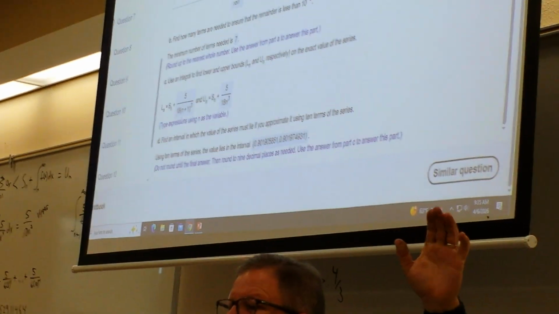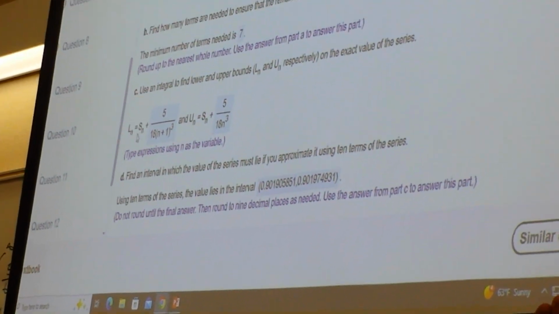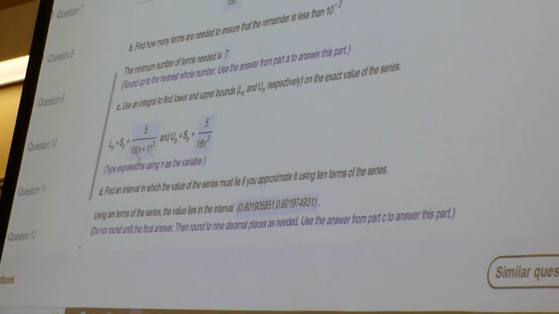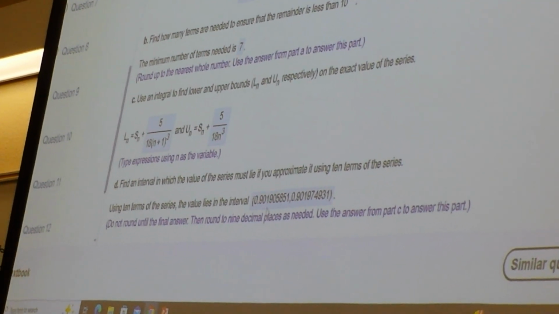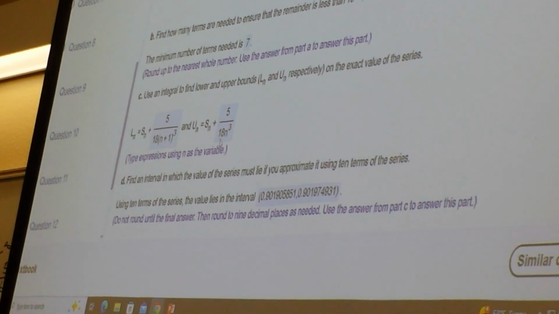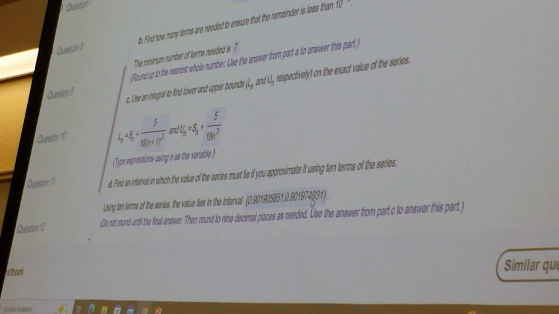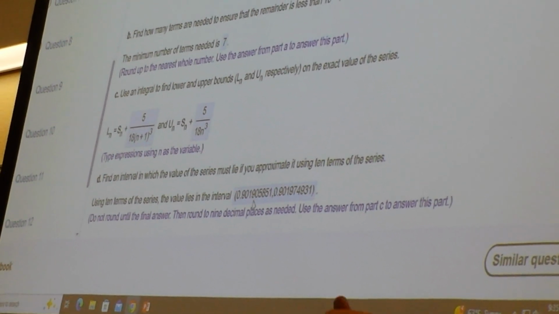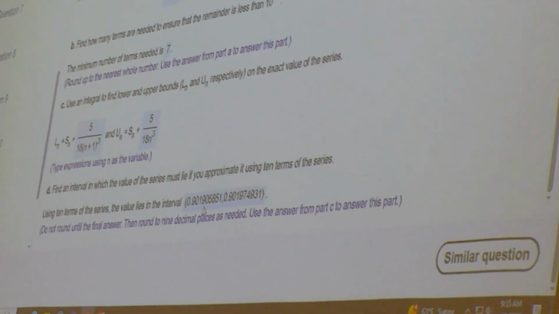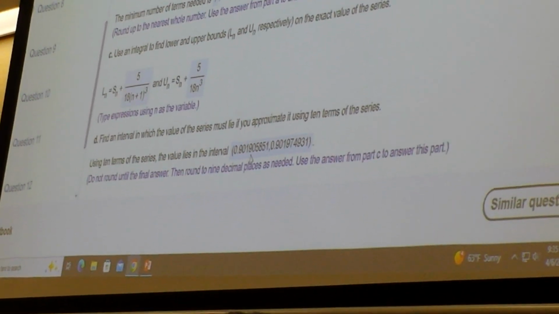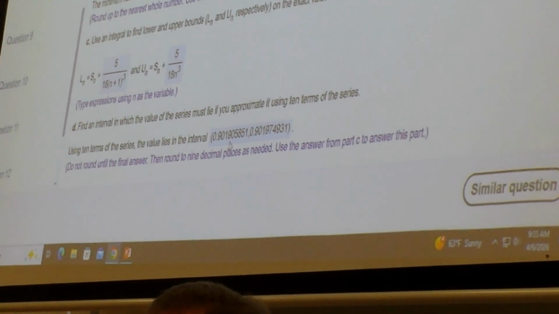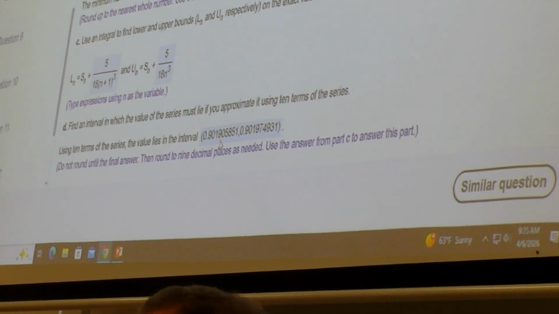And now we need to use the series calculator to calculate the sum of the first 10 terms. Put in 10 for n here, that gives you the lower boundary. Sum of the first 10 terms plus put in 10 there, that gives you the upper bound. Lower bound must be rounded down to the 9th decimal place. Upper bound must be rounded up to the 9th decimal place.